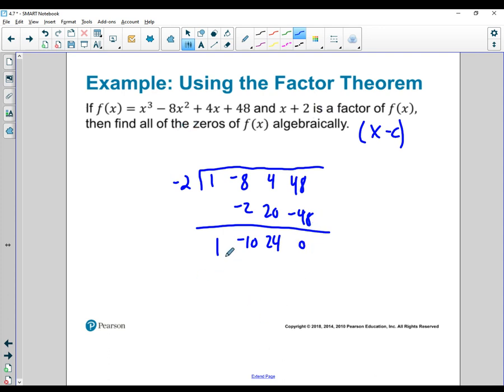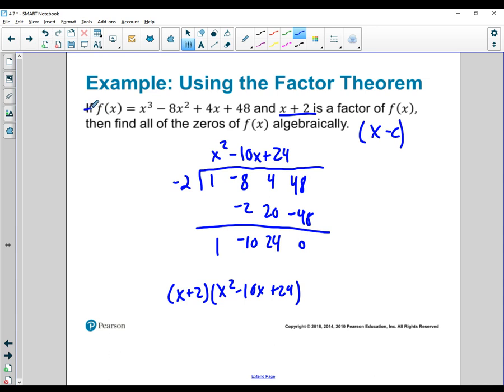But what this means is here we have x squared minus 10x plus 24, right? And so what this is saying is x plus 2 is a factor, and we get this, that x plus 2 times x squared minus 10x plus 24 equals this whole f of x.